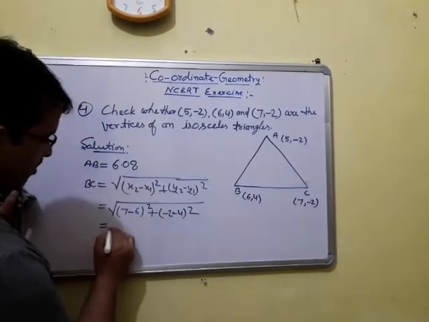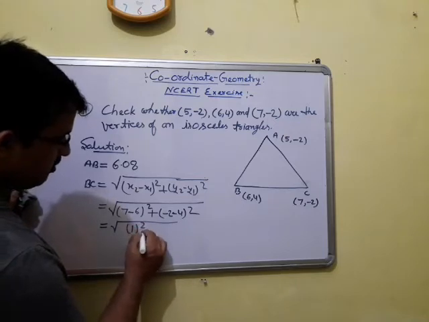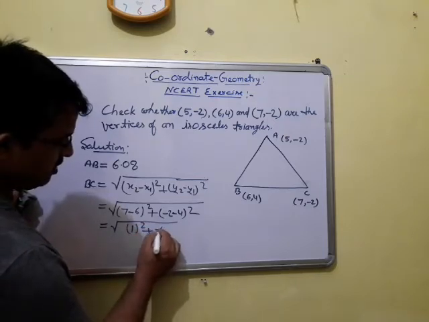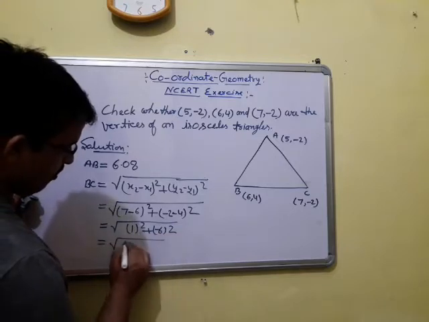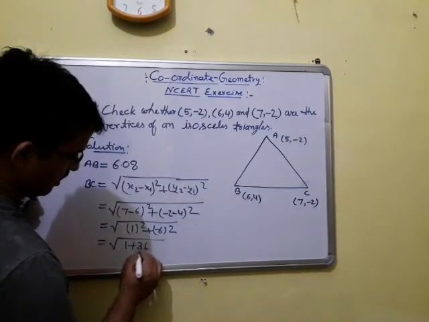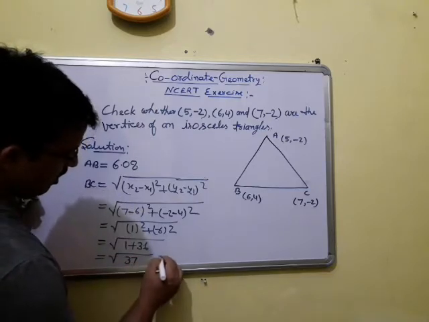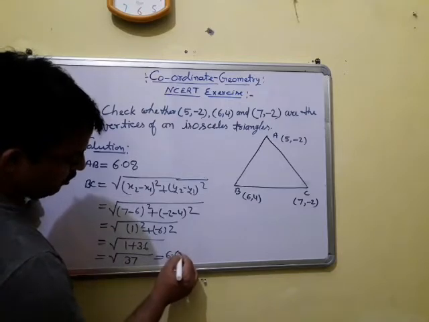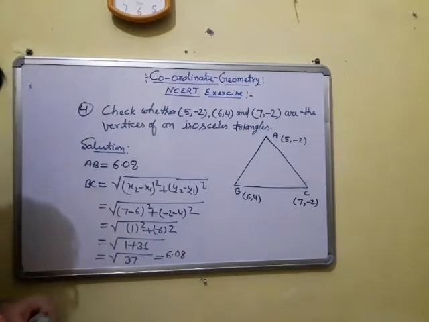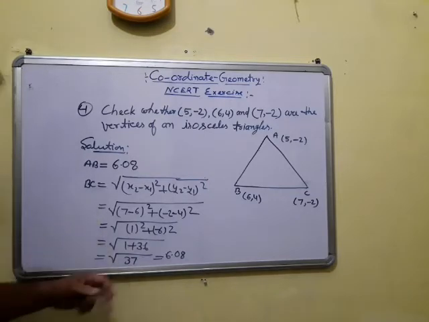So we get 1 whole square plus minus 6 whole square, that is 1 plus 36. We get root 37, and the value of root 37 is 6.08. Clear? We found BC.